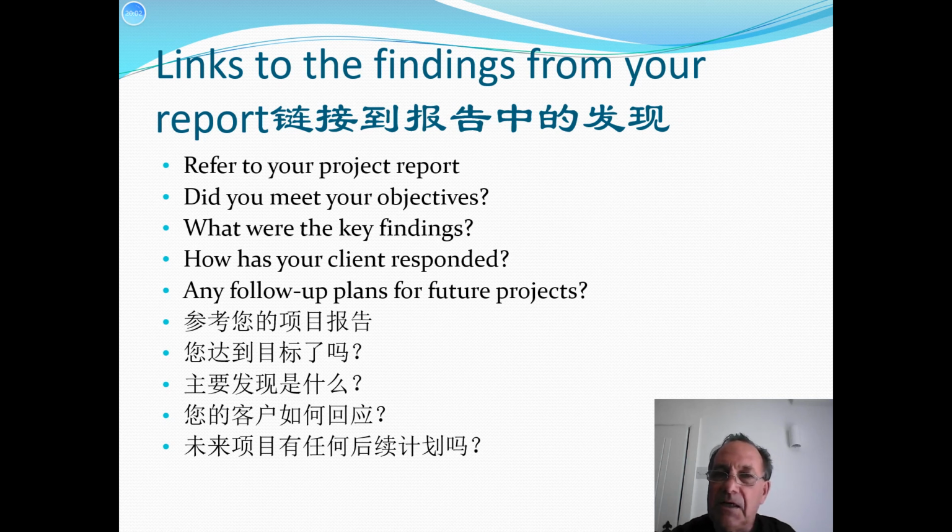If you've been able to share those findings with the organisation, and this has been difficult this year because of COVID-19, then what have they asked? What have they said about it? Have they indicated any follow-up plans for future projects based on your findings? Were they pleased with the findings that you came up with? And if you were to do things again, how might you change things?